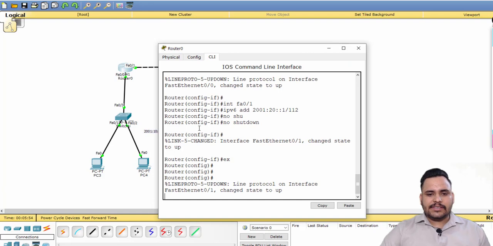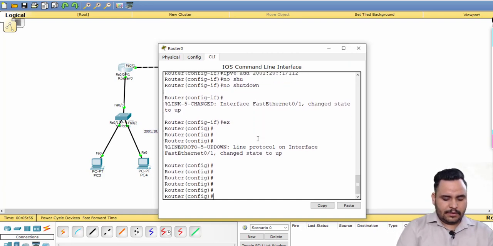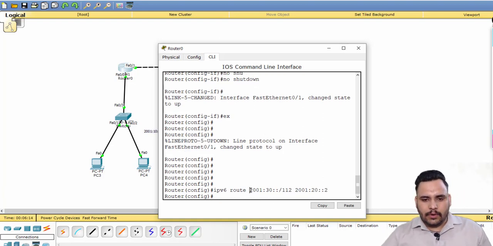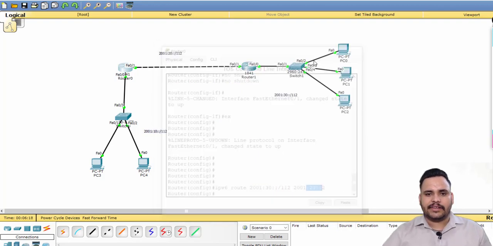Now IPv6 static route time. The command is ipv6 route. First you have to identify the destination prefix, then the prefix length, a space, and the next hop IPv6 address. So this is my destination prefix, prefix length and next hop IPv6 address.